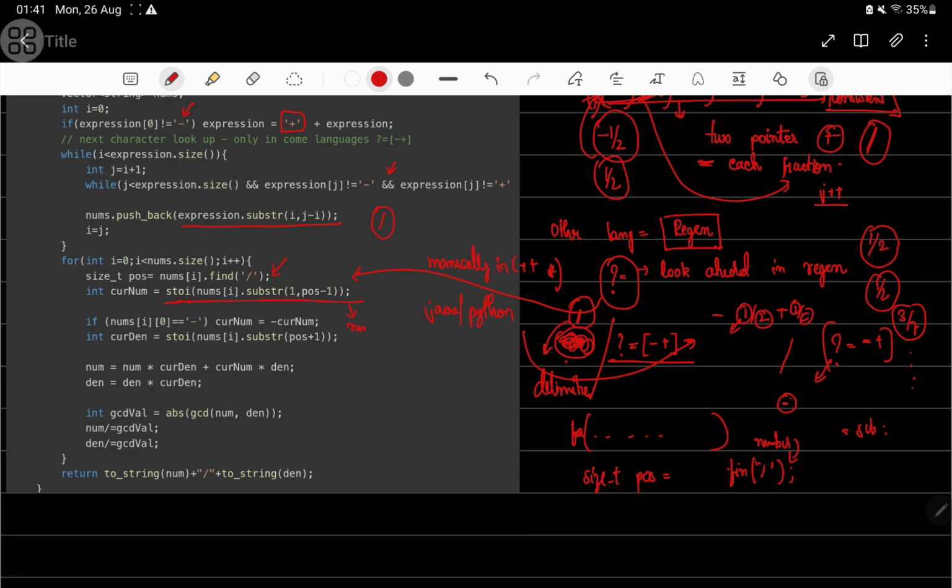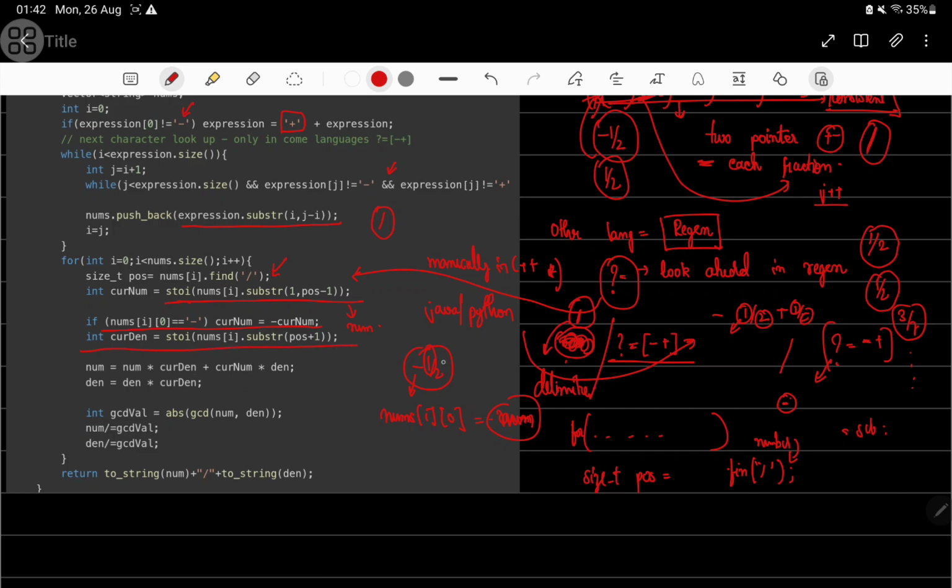This is the numerator part. Now we need to also consider if the numerator is positive or negative. So if minus 1 by 2 was the string, this was nums of i comma 0 only, and if this was minus, then whatever numerator I have gotten, I have to keep the minus numerator as my numerator.